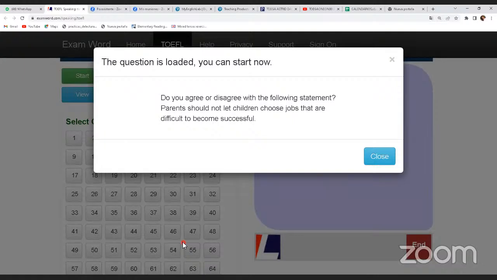And when it says that are difficult to become successful, I don't understand that part. Okay. Well, in this case, parents should not let children choose jobs that are difficult to become successful. Yes. Okay.